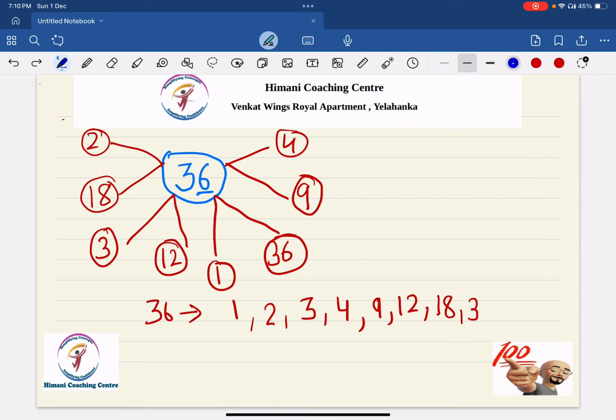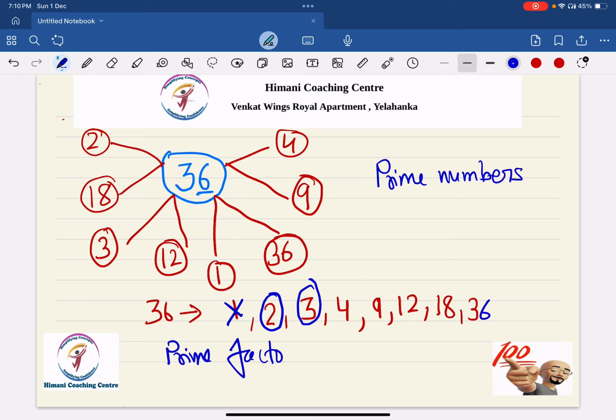So is 2 a prime number? What are prime numbers, kids? Prime numbers, as discussed in the previous video, are the numbers which are divisible by only themselves and 1. And 1 is not a prime number. So in this case, 2 is a prime number, 3 is a prime number. This was 36, so that was removed. So if I want to know the prime factors of 36, they are only 2 and 3.